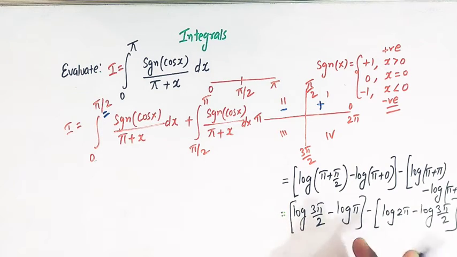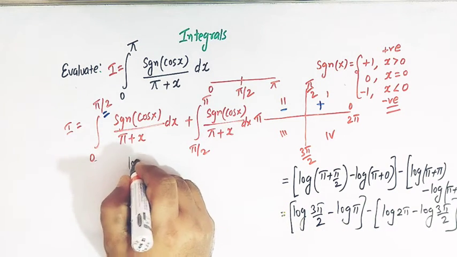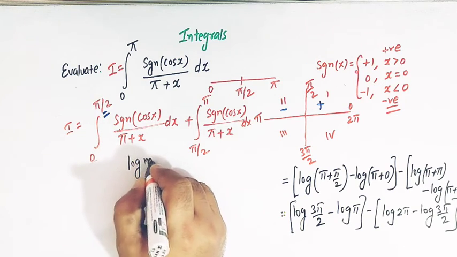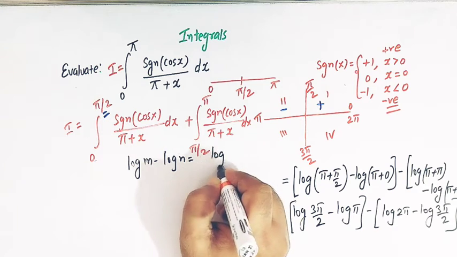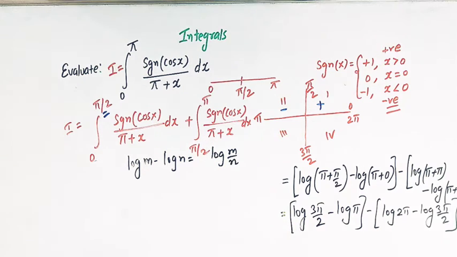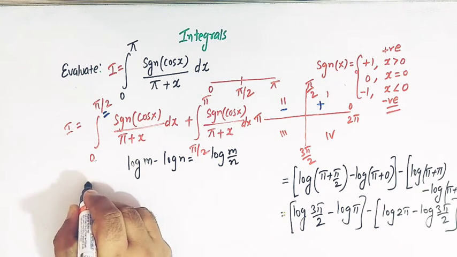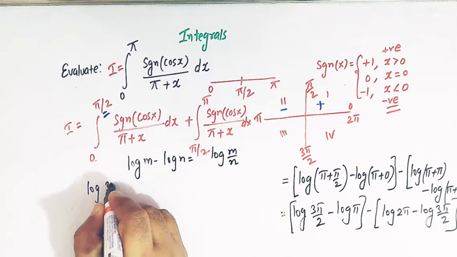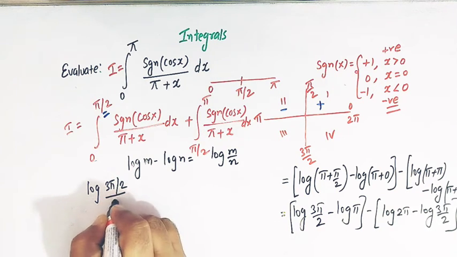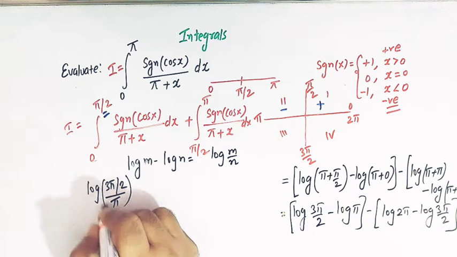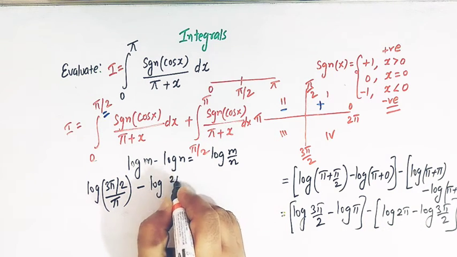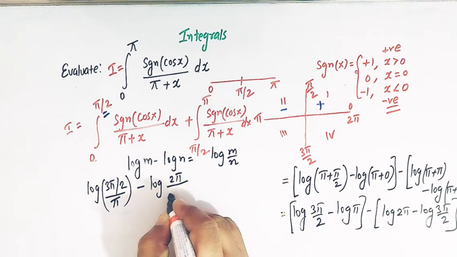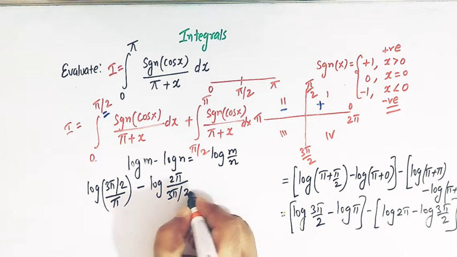Now we can apply the properties of log. We know that log of m minus log of n is equal to log of m divided by n. So we have log of 3 pi by 2 divided by pi, and in the second term log of 2 pi divided by 3 pi by 2.